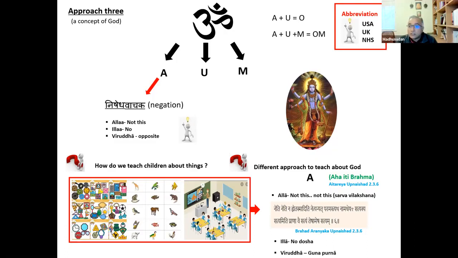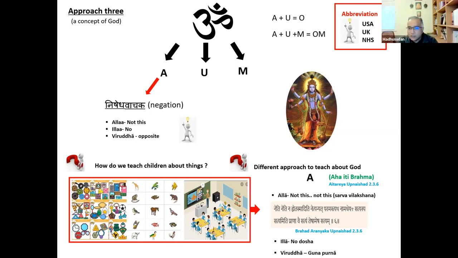Neti Neti, Na iti. Iti means this: not this, not this. So when you want to have a concept of the Supreme, first you have to start by saying he is not this, he is not that, i.e., he is not anything made of Panchabhutas. That is the first concept about A.